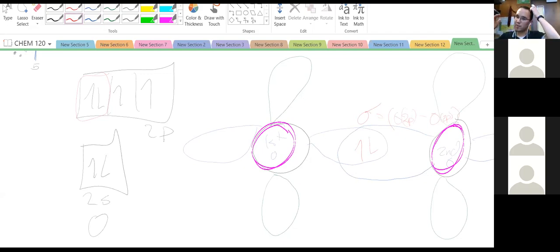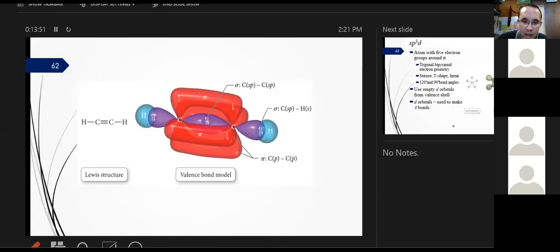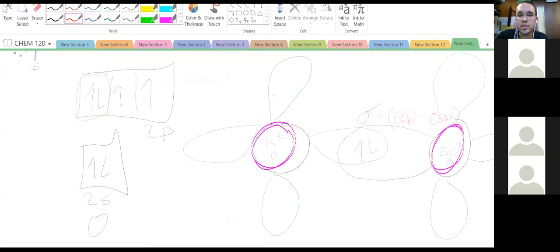Right? That's what's actually forming this bond. And so that's when you go back to the slides, when it's talking about these overlaps, they're talking about what element's orbital is overlapping with the other ones to form that bond. Okay, so that's our sigma.